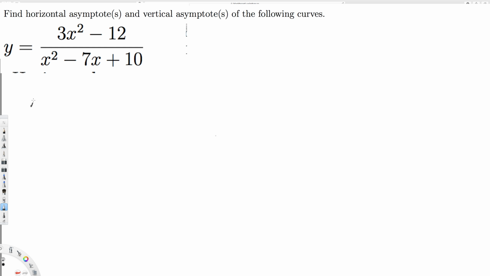So if I take limits for this one, the general condition is that x is going to be approaching infinity. For example, it's going to be something like this in a graph.